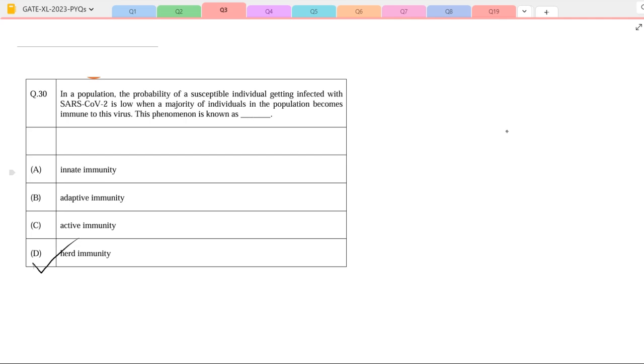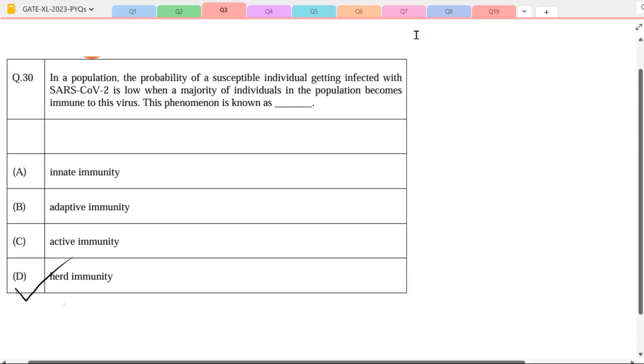So this herd immunity protects the population which haven't been exposed to the vaccine, say like a precaution. So that's why this phenomenon is called herd immunity, and this is very common, especially during any outbreaks like pandemics. So herd immunity protects a group of people that has not yet received precautions like vaccines. Okay, moving on to the next question.